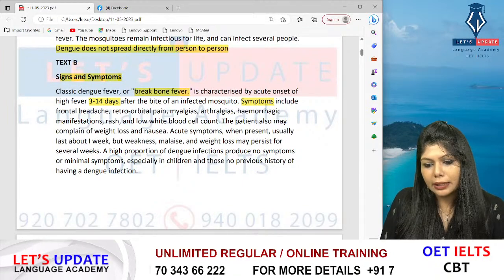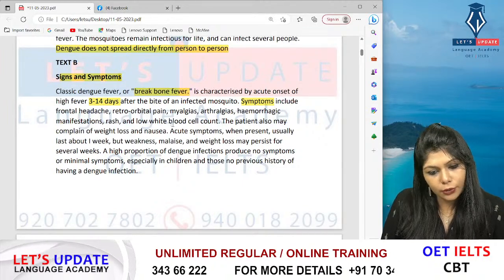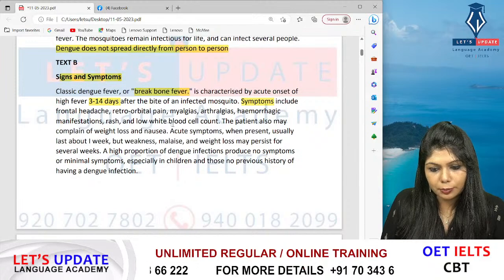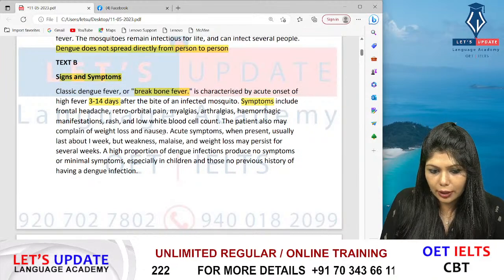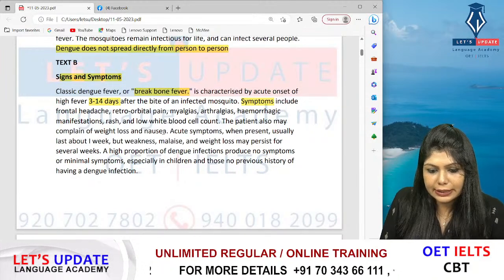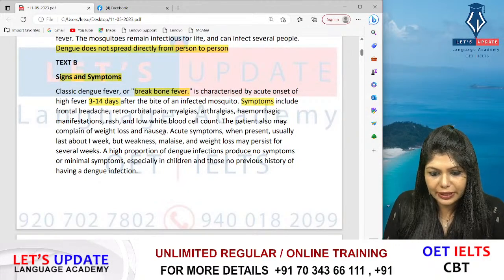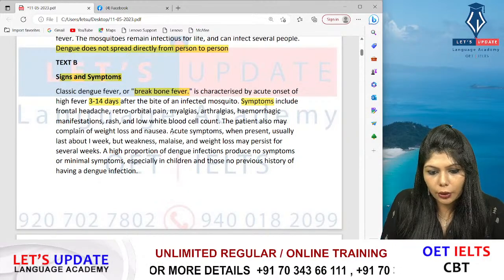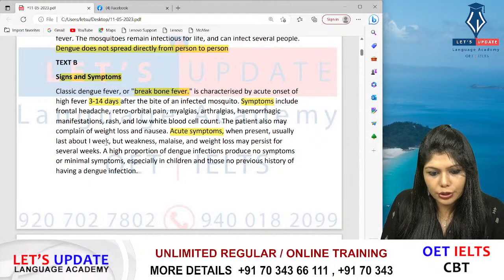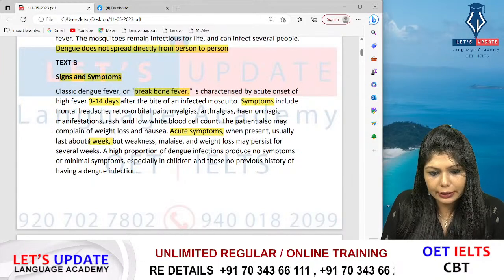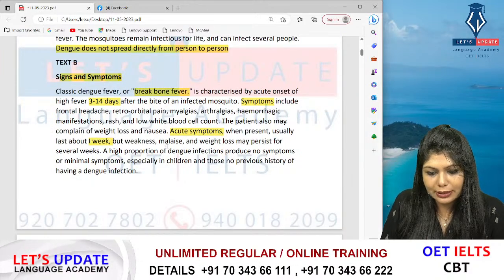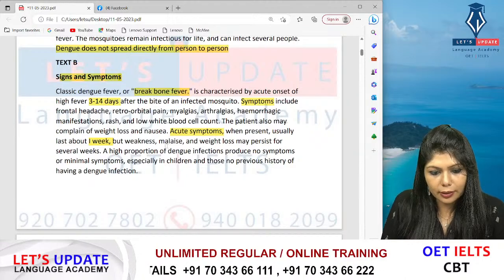And then the patient also may complain of weight loss and nausea. Okay, acute symptoms when present usually last about 1 week, but weakness, malaise, and weight loss may persist for several weeks.